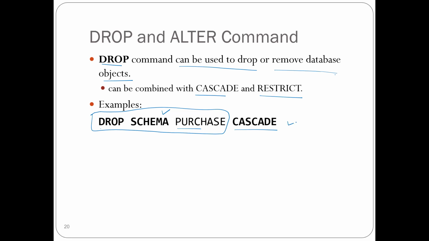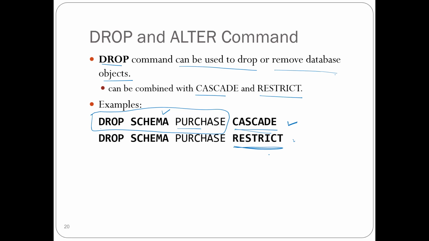But if you add the cascade in this statement, then what will happen? This cascade will trigger a cascading effect where all the referencing database objects, which are referencing the purchase schema, will also be removed. So that's the cascading thing. Okay. Now, in place of cascading, you can use restrict. In the restrict case, what will happen?